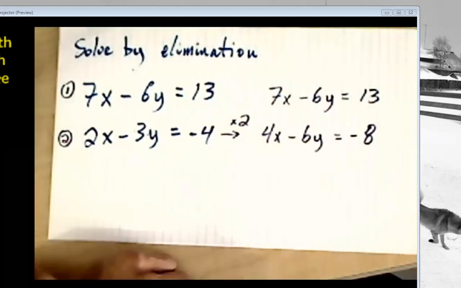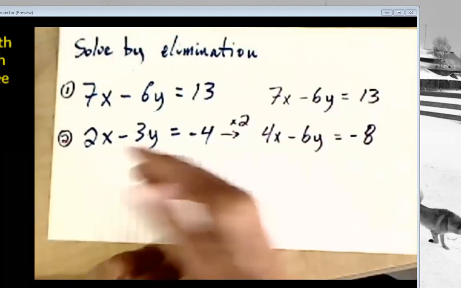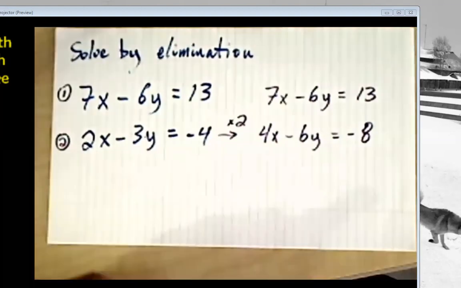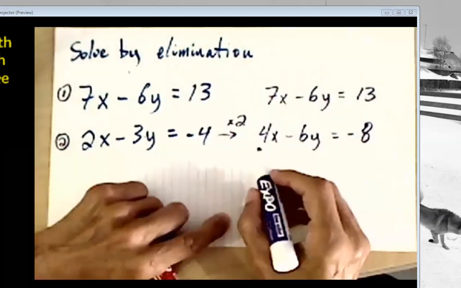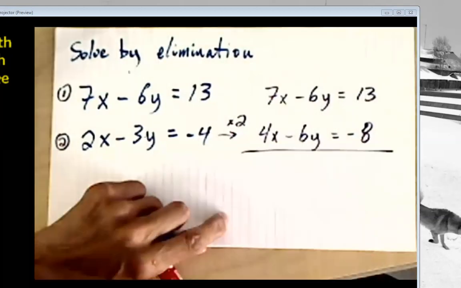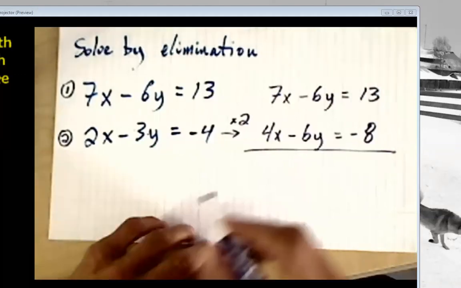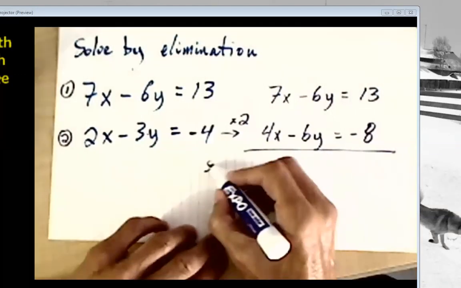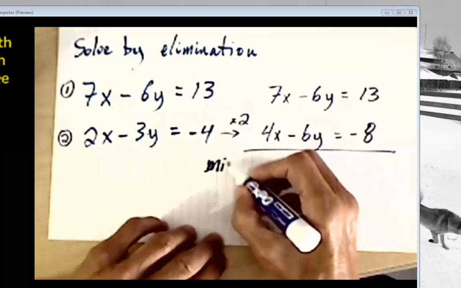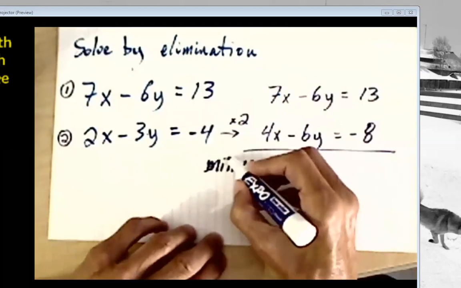We could have gone for the x's, but went for the y's instead. Now we got to decide. We're going to add or subtract these two equations from one another. Subtract, or I'll say minus.